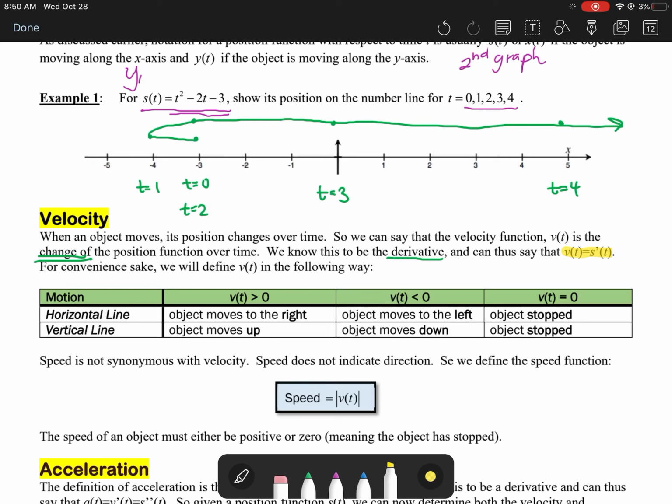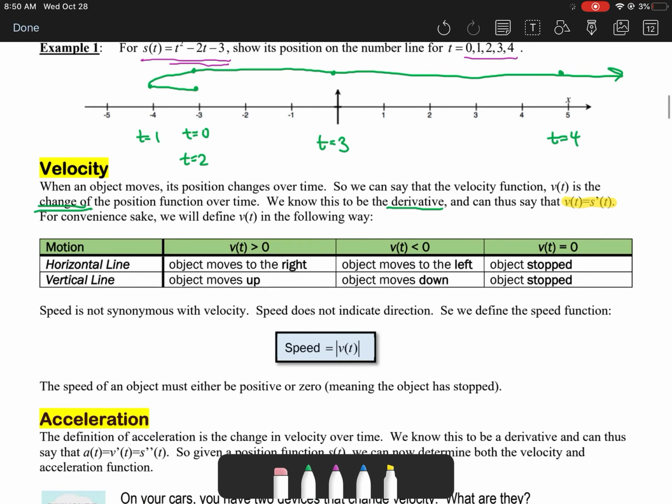And for convenience sake, we will define v of t in the following way. Because when you do an AP exam, they're going to be asking you, which direction is the particle moving? Is it speeding up? Is it slowing down? Is it stopped? So let's look here.